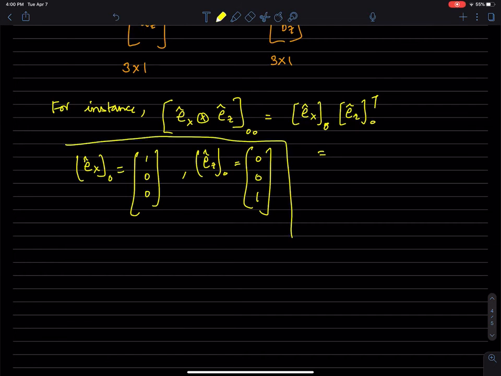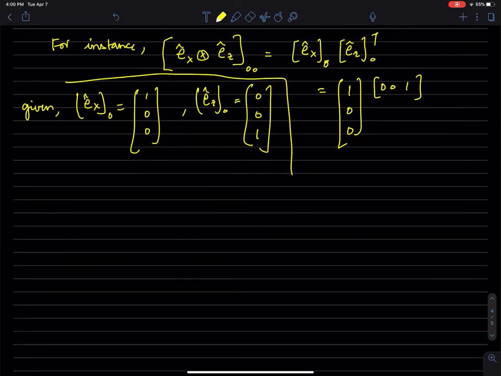so I guess we are doing this. So we have 1, 0, 0, and then Ez transpose is going to be 0, 0, 1. And if you do a matrix multiplication of that, we're going to get 1 times 0 is 0.